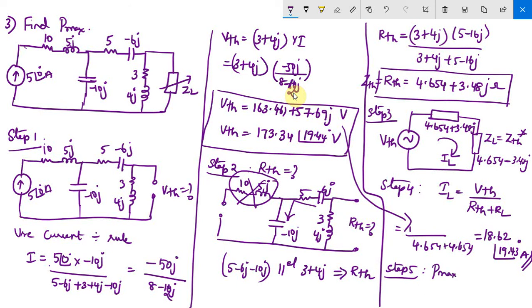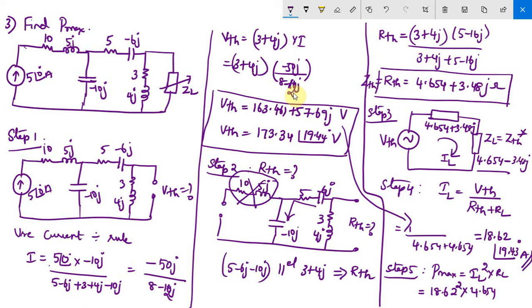Now step 5 is finding the P max, the maximum power. We know P max is equal to IL square into RL. We need to take only the magnitudes, okay? So IL square, 18.62 the whole square, into RL, which is 4.654. We should not take the imaginary part while calculating P max; we have to consider only the real part, because we are finding only the real power, right?